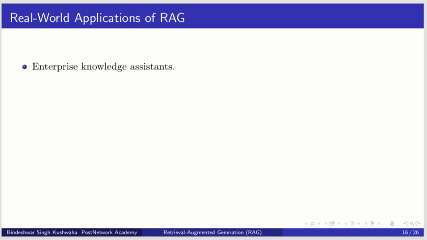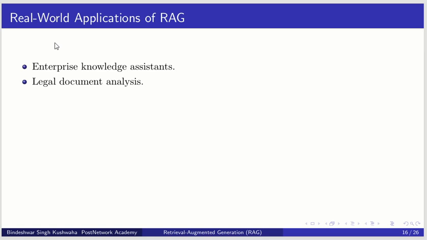Now, what are the real world applications of RAG? As I was explaining, an enterprise knowledge assistant: you can make a chatbot for your shop, a big mall or any company, type a prompt and it gives you local information.